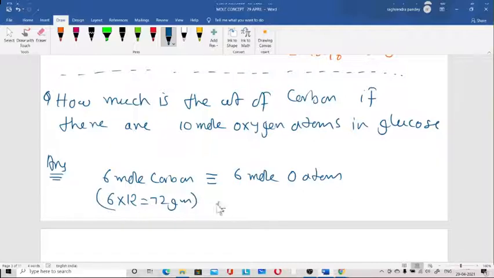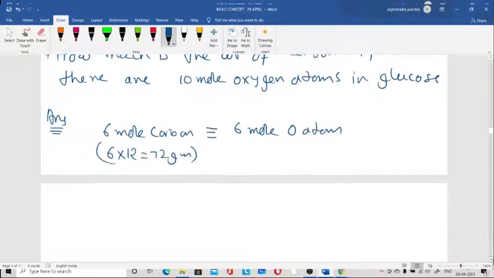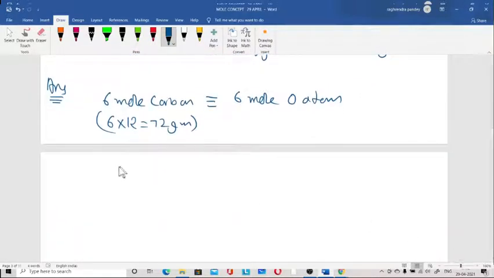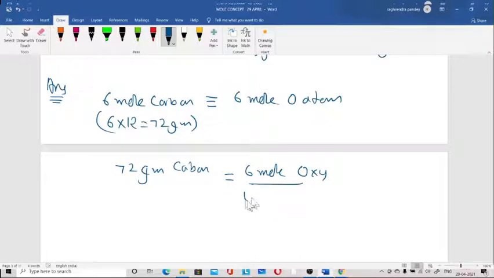Okay, so I can also write 72 gram of carbon is equal to 6 mole of oxygen. Then we have 10 mole of oxygen, so that will be x gram of the carbon weight.